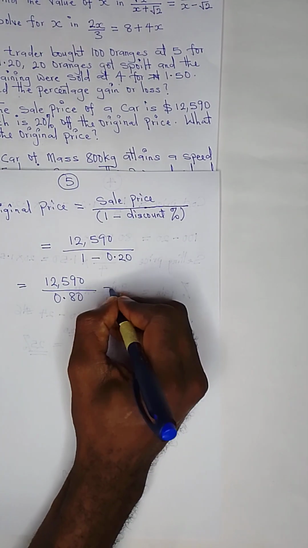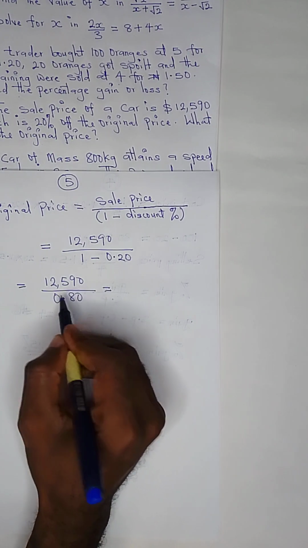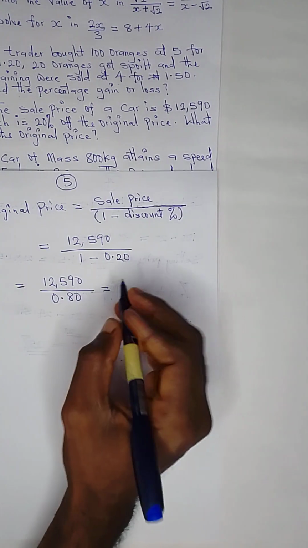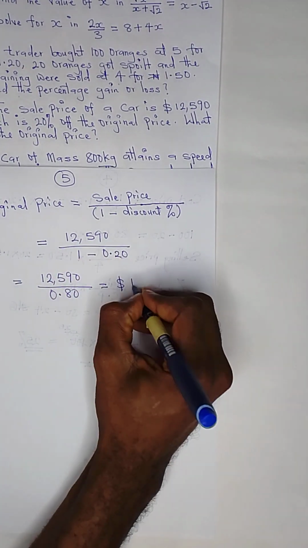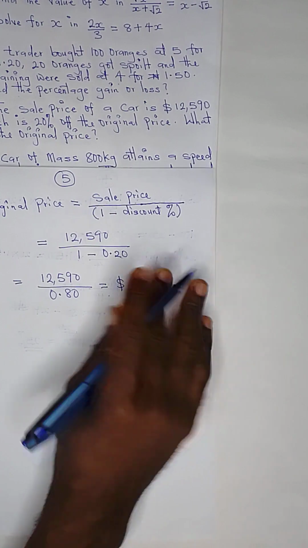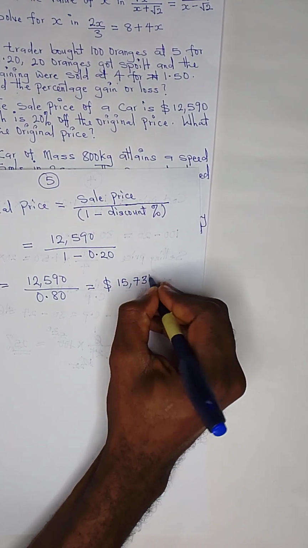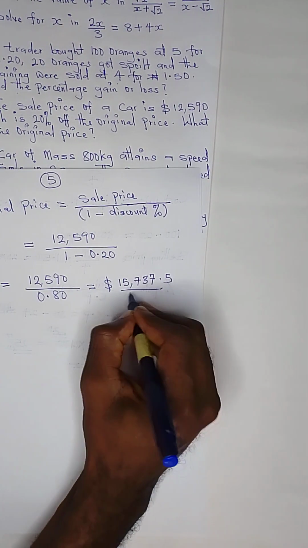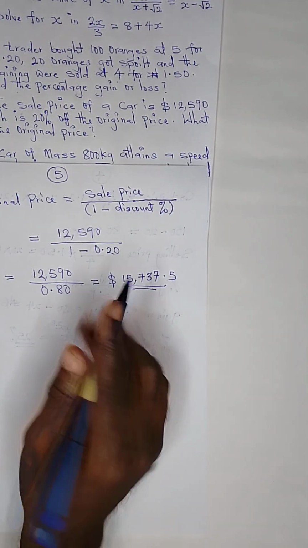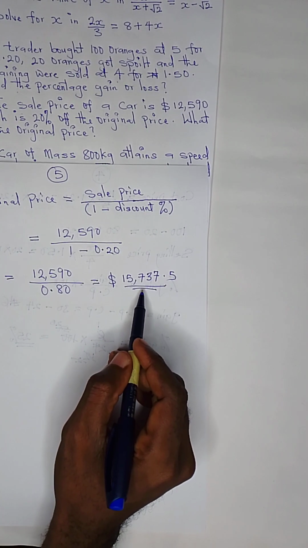So divide 12,590 by 0.80, and you are going to get 15,737.5. So this is going to be the original price of the car.